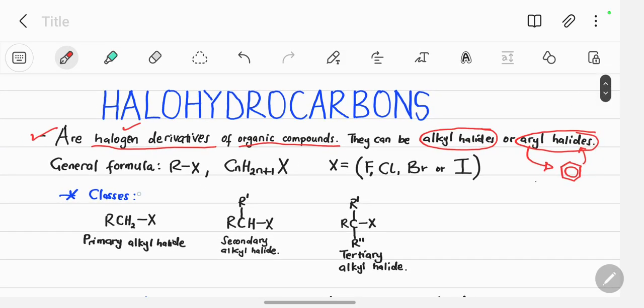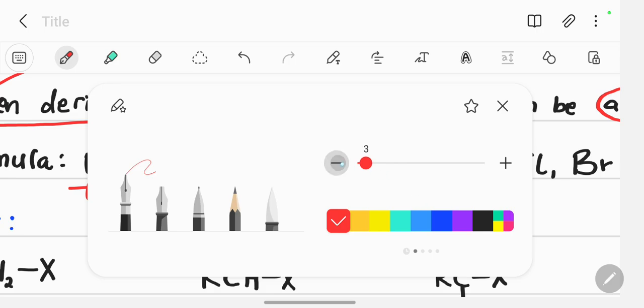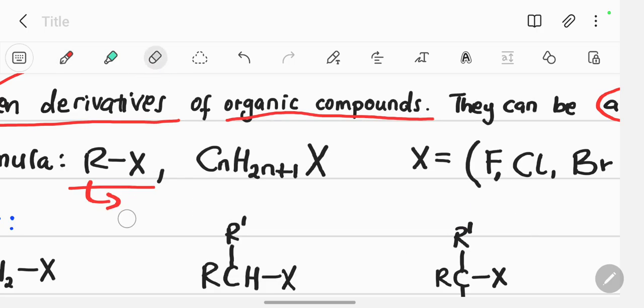So we have our general formula for the halohydrocarbons, which is this, and we know very well R stands for any alkyl group, and X is the halogen there.